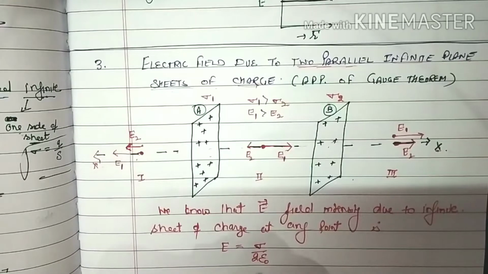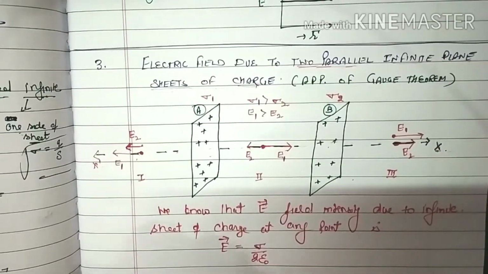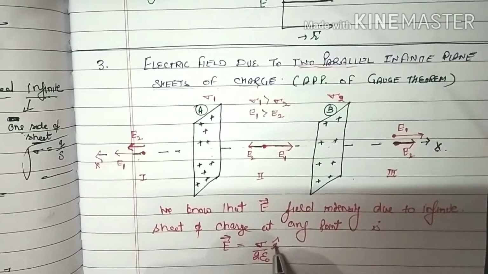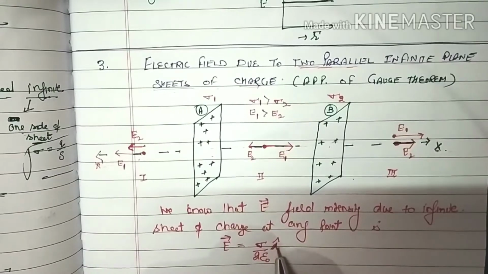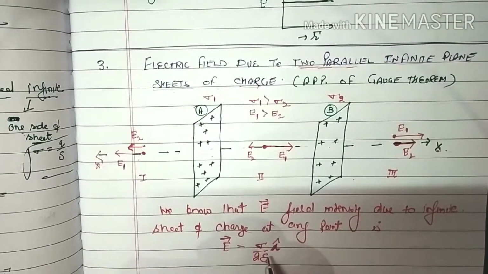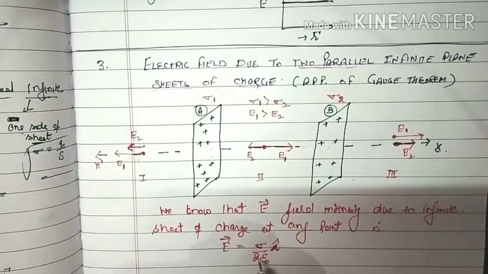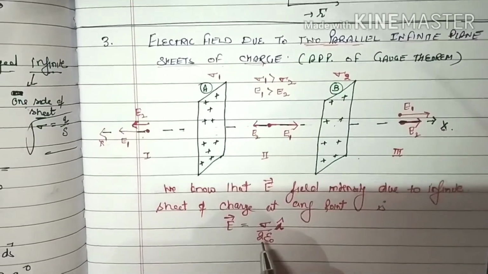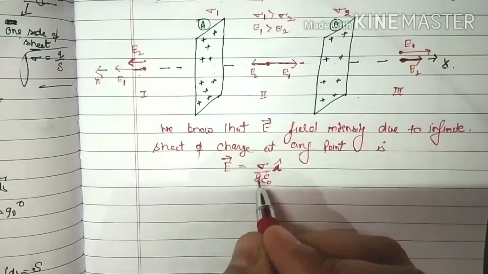This we have studied, but here we are taking the direction, so the electric field is a vector quantity and we use the unit vector, that is i, taken along the x-axis. With the help of this equation, we will find the electric field intensity in the first, second and third regions.